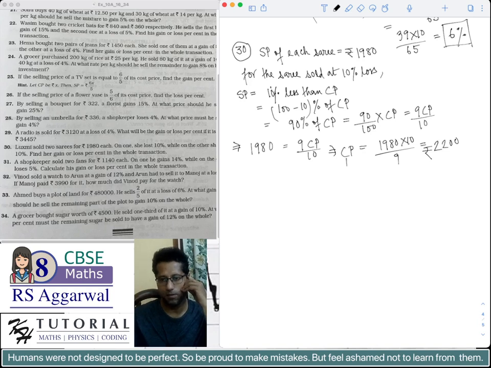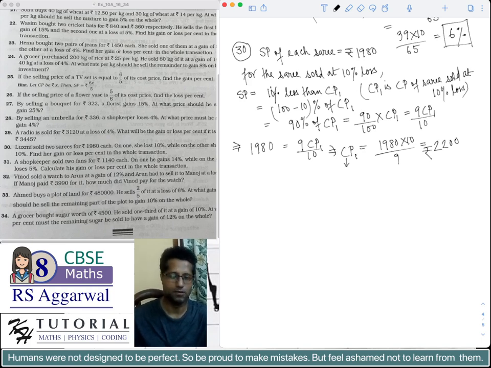Let's say CP1 is the CP of the sari sold at 10% loss. So CP1 is the cost price of the first sari which was sold at 10% loss.